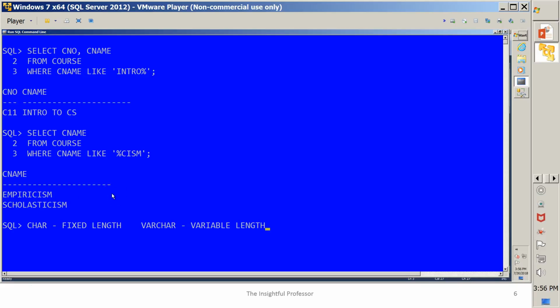So it's a subtle point, but that behavior is very important if you're working with databases such as Oracle and DB2. SQL Server is a little friendlier: with a variable length field and a fixed length field, both retrieve empiricism and scholasticism, even if they are of different sizes. So it treats it a little bit differently.